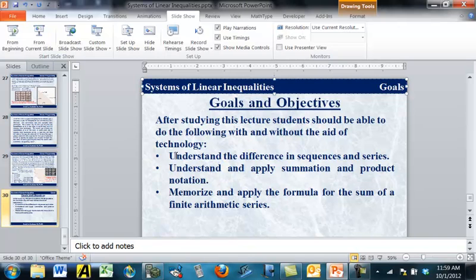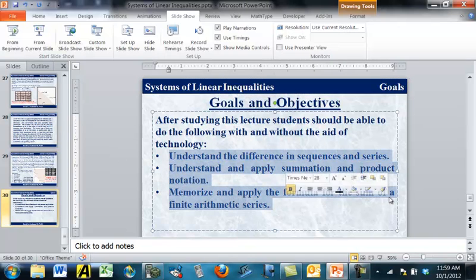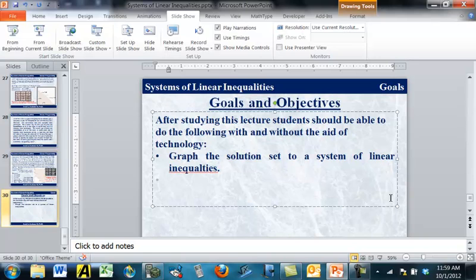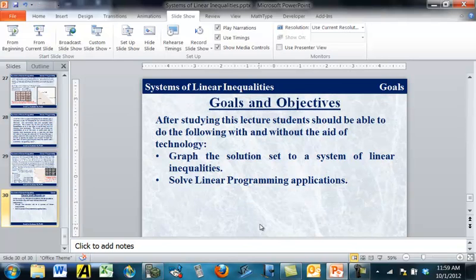Okay, and you should be able to graph the solution set to a system of linear inequalities and you should be able to solve linear programming applications. Okay, and that will take care of us for this particular video.